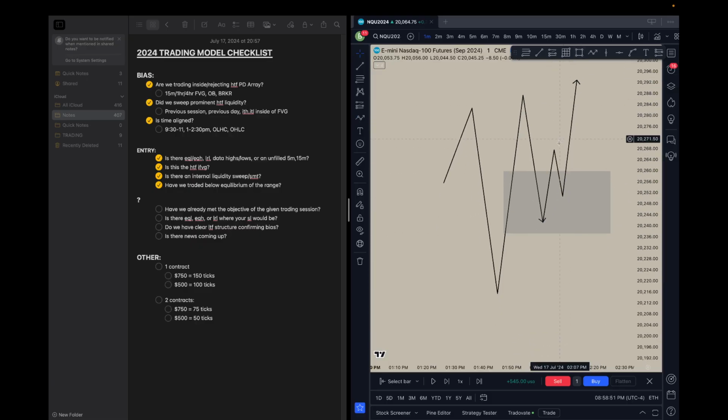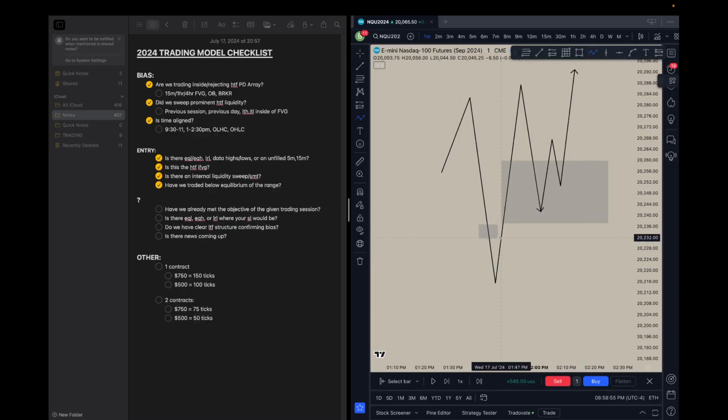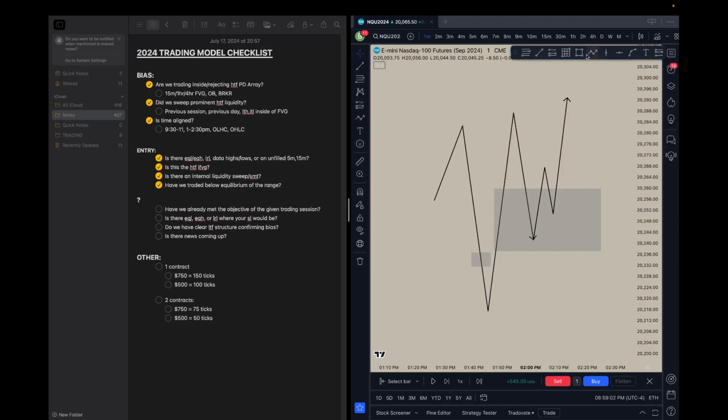I won't usually get in off the first inversion because I like waiting for that manipulation leg, because it's always possible. But if we end up getting that V-shaped recovery, I'll then wait for a lower time frame entry, or what people call the second distribution stage of the buy model. So I'll wait for that. All right.